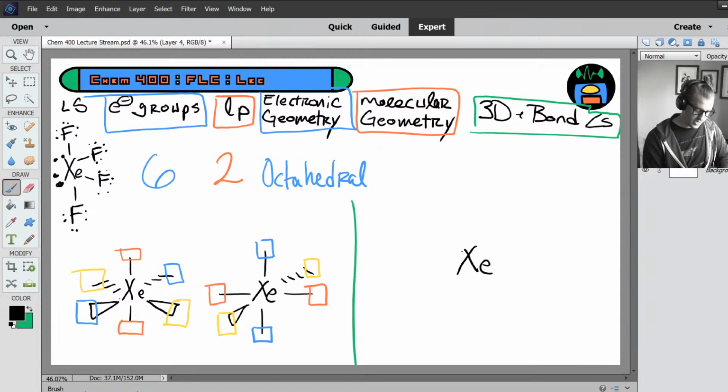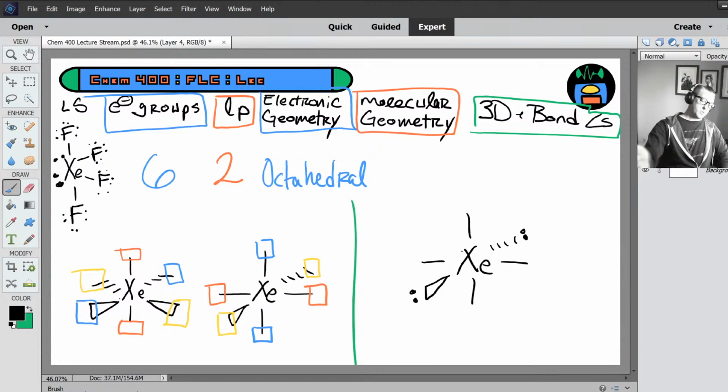All right, so with that in mind, let's go ahead and draw xenon tetrafluoride. I'm actually going to draw it like this because I think it'll be easier to understand the molecular geometry. When we do it, I'm going to put my first lone pair here, which means that my second lone pair must go as far away as possible. All right, so now we load up the molecule with fluorines.